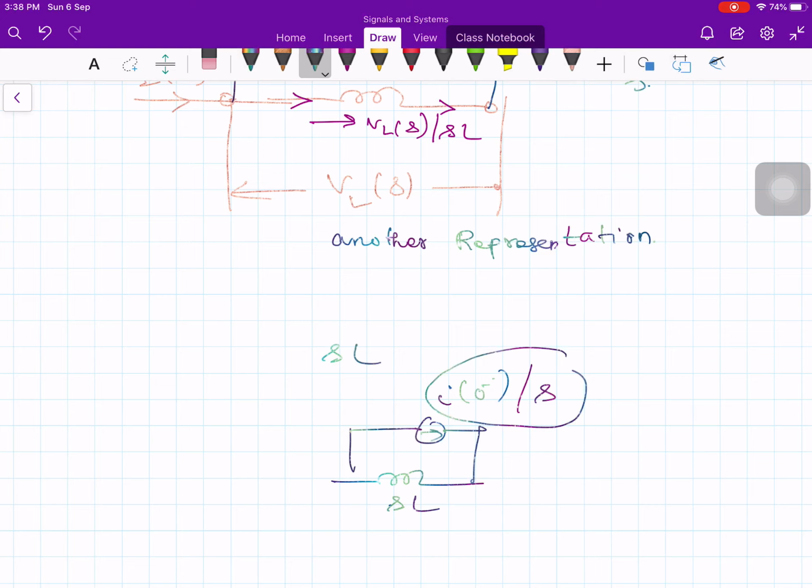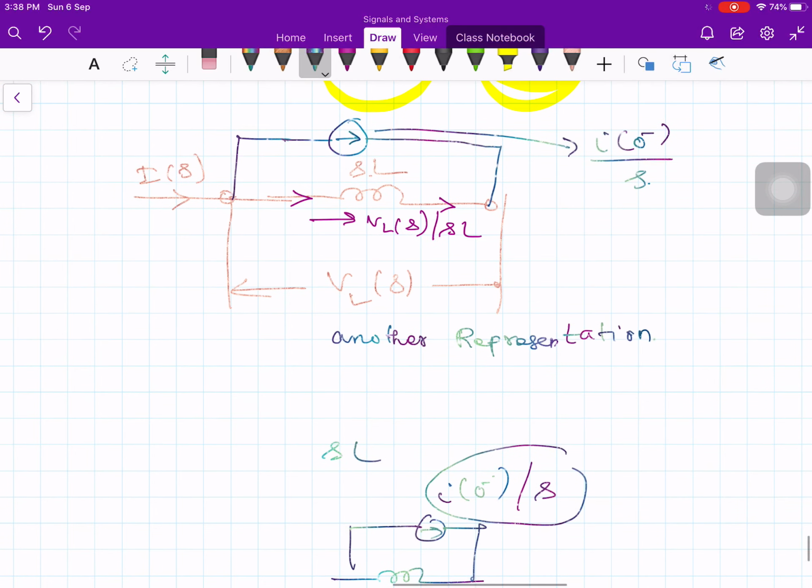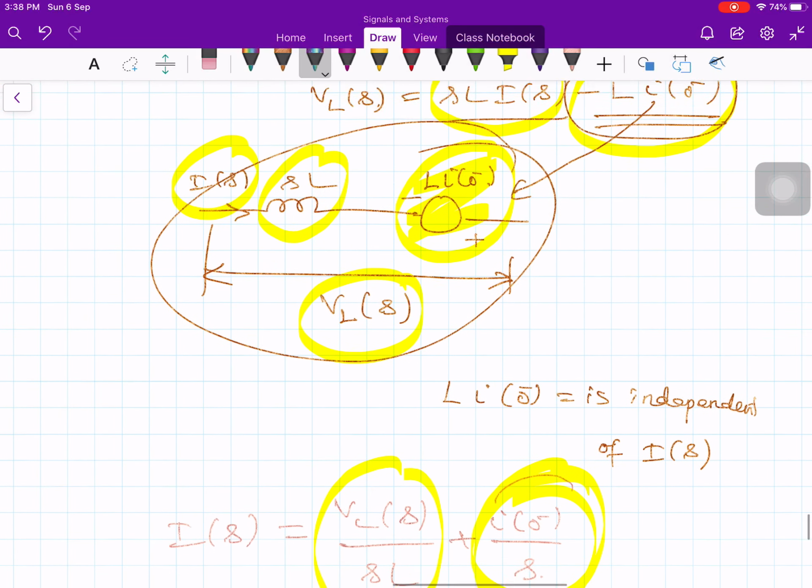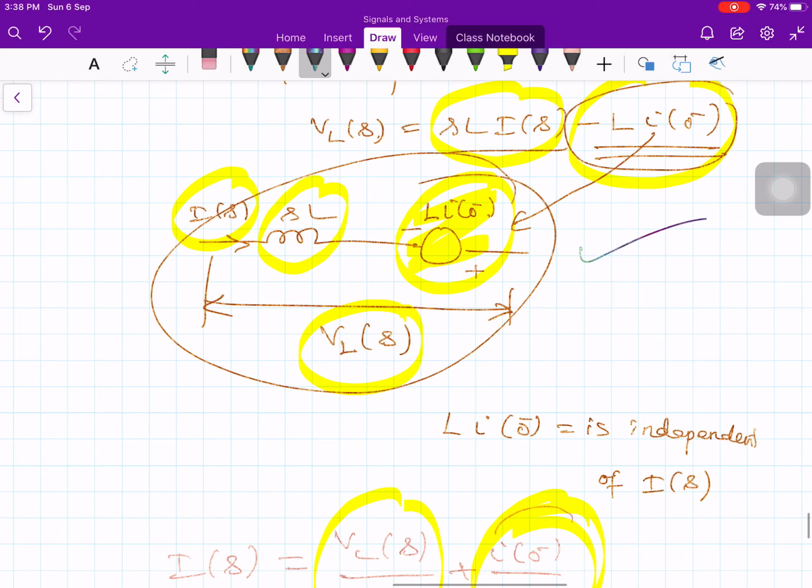And both these are called transform diagrams pertaining to an inductor. So either you can use this diagram or you can use this diagram, depending on the application you are using.